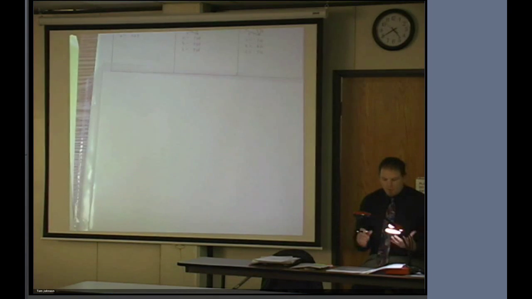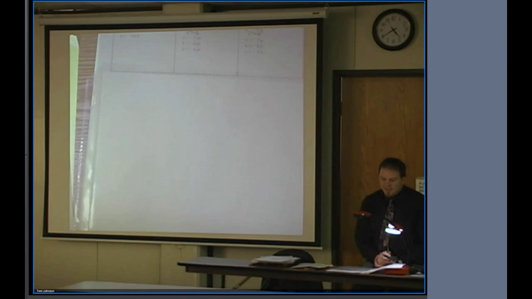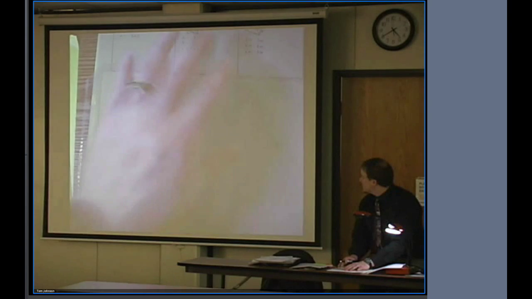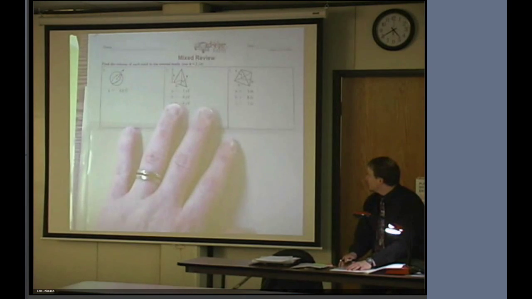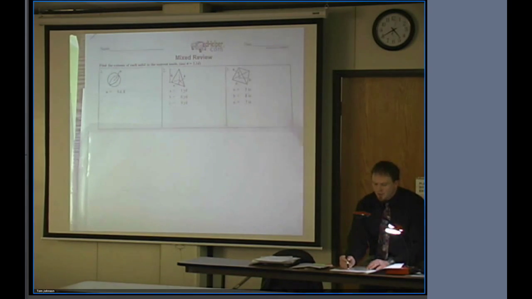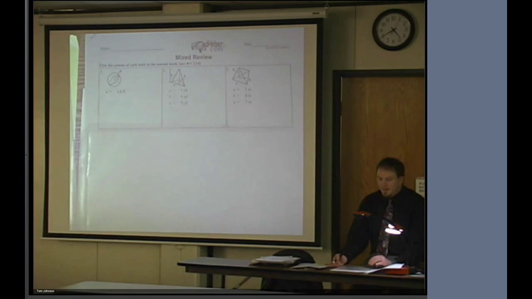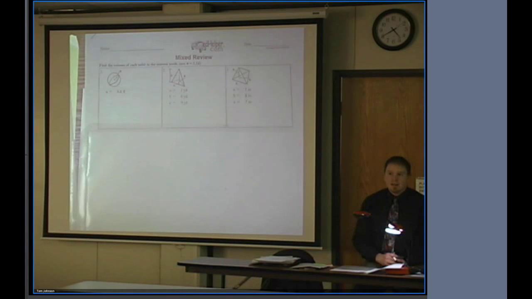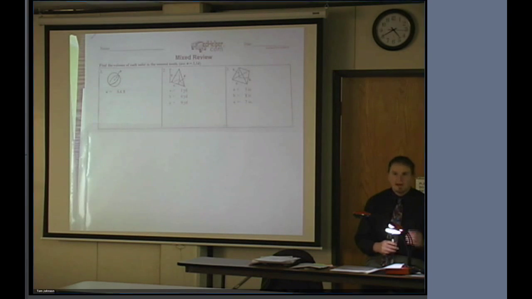It's asking us to find the volume of each solid to the nearest tenth, and it's telling us to use 3.14 as pi. Now, when you're taking the Praxis, if it tells you to use 3.14 as pi, use that.